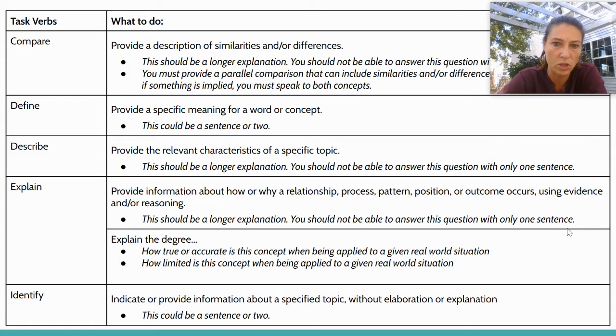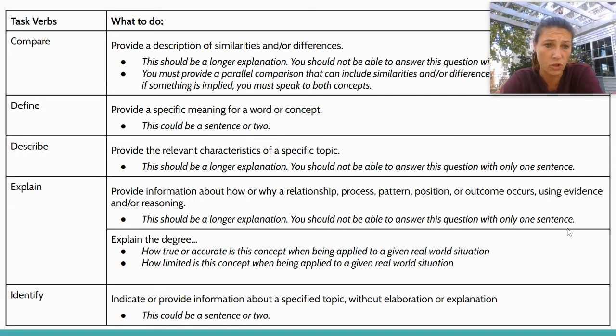First, you're providing information about how or why a relationship, process, pattern, position, or outcome occurs using evidence and or reasoning. And again, the evidence doesn't come from some long narrative piece of research that you have to find, but usually it's going to come from the stimulus or it's just going to come from your knowledge. So it should be a longer explanation. And if you answer it with just one sentence, you have not done what you're supposed to do.